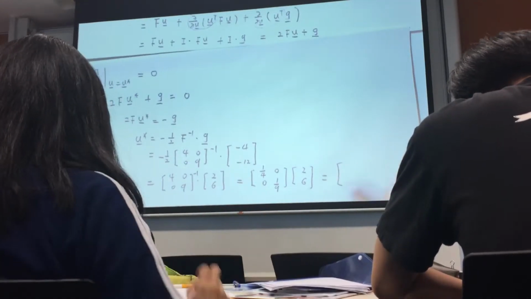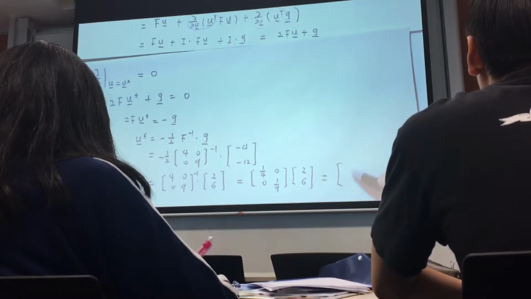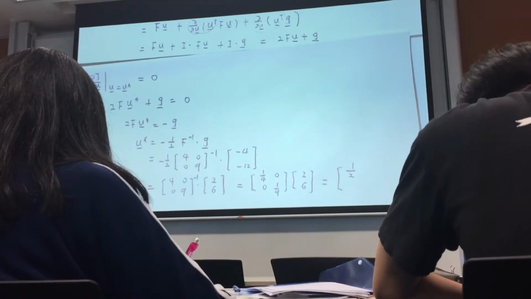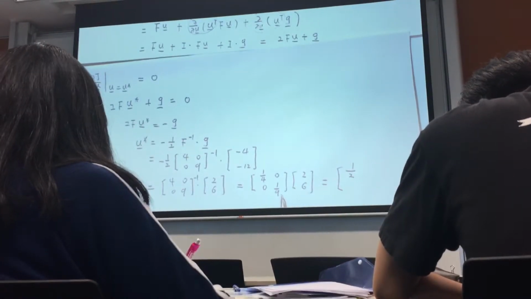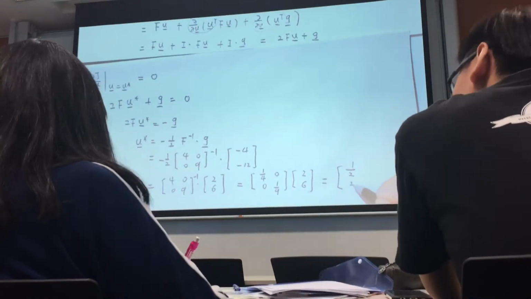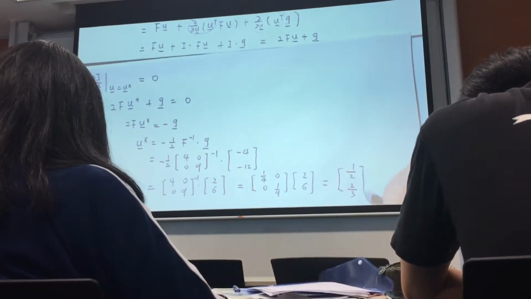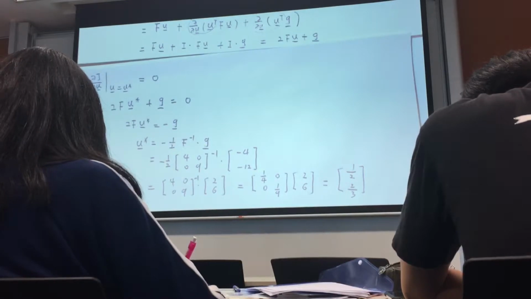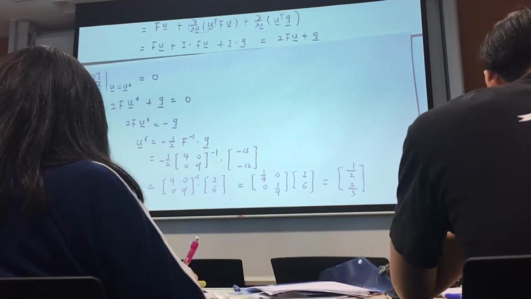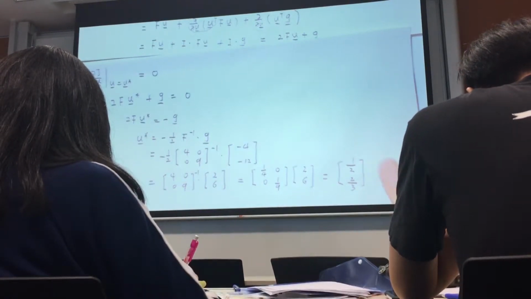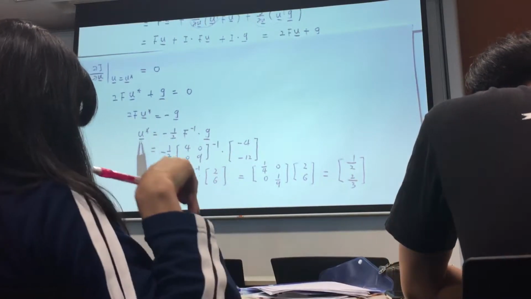So the first one is just 2 divided by 4, so it's a half. The second one is 6 divided by 9, so it's 2 divided by 3. So now we have our u star.